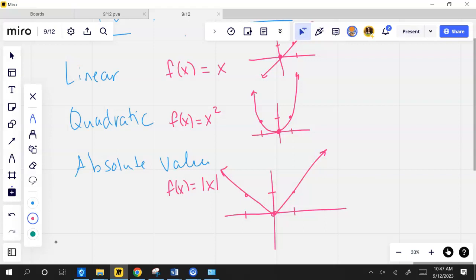So these graphs, we are going to be shifting and sliding and reflecting and stretching and shrinking and doing all kinds of stuff to come up with new graphs, but they're all based on the parent graphs. And we're going to focus on these three function families right now, just linear, quadratic, and absolute value. Everybody okay?